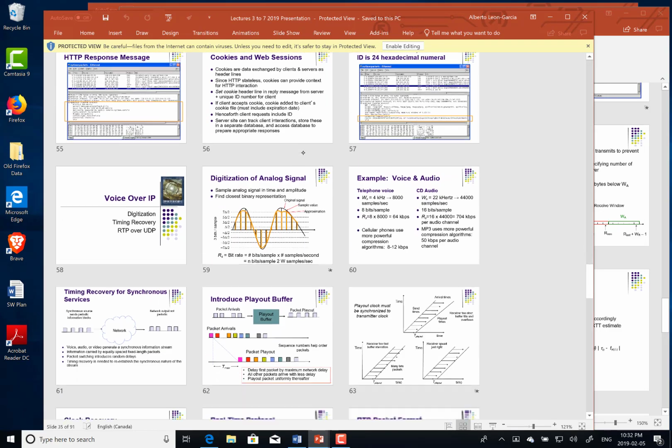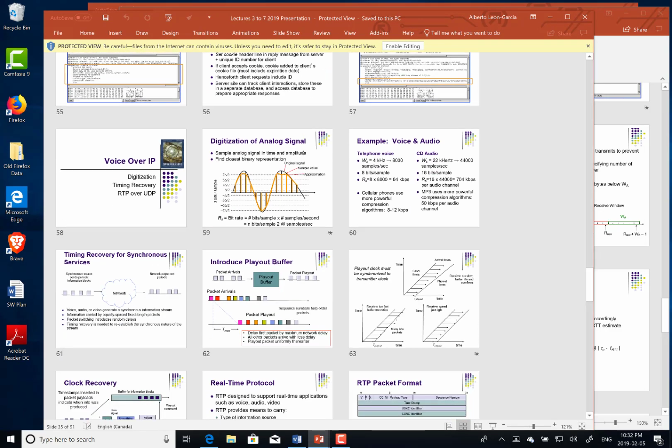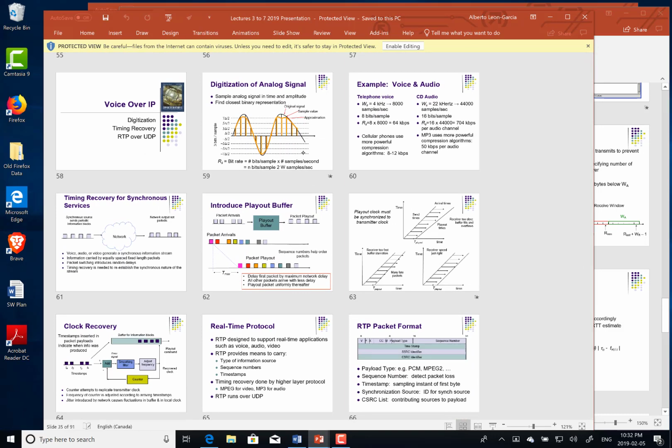And the other one was a little bit more unusual, which is the real-time protocol, which provides you with the ability to put sequence numbers and timestamps on blocks of information that you transmit over the internet. And in particular, this is used to transmit real-time media: voice for voice over IP communications, video for real-time conferencing, and so forth.